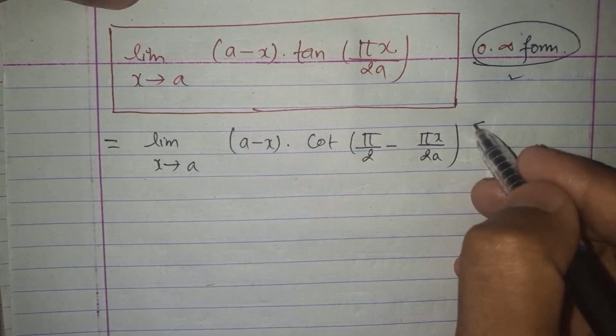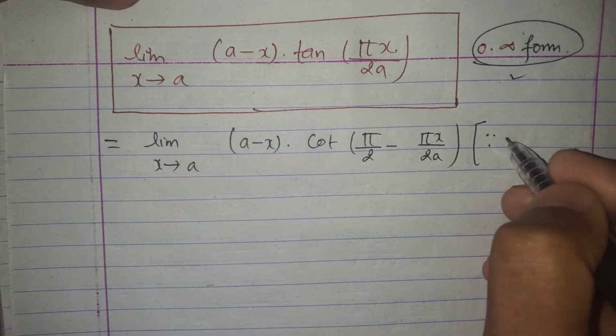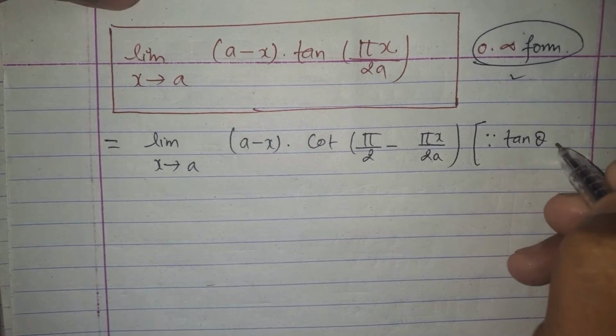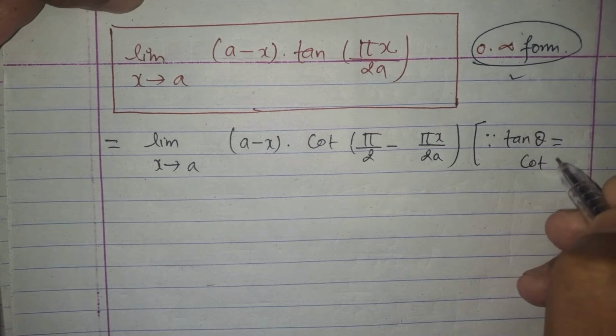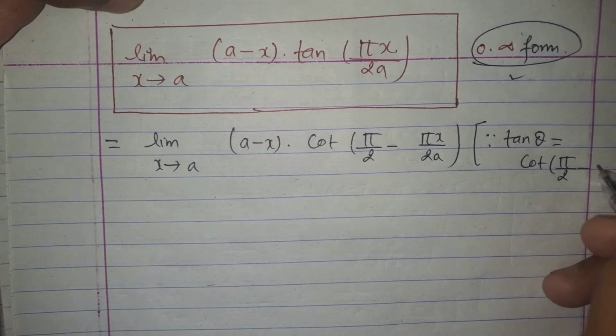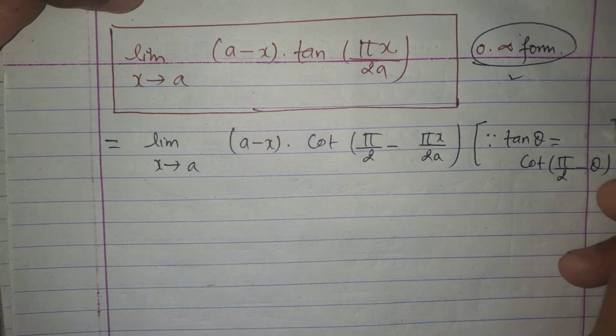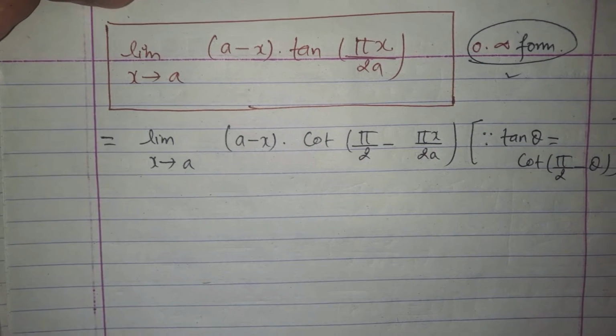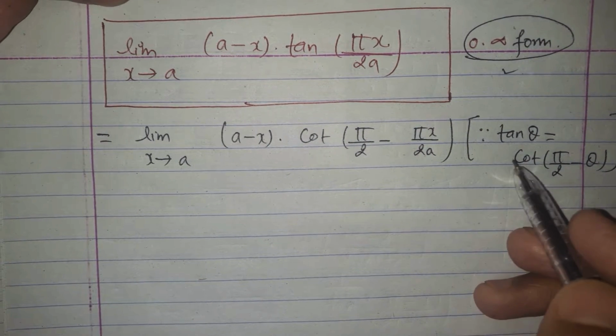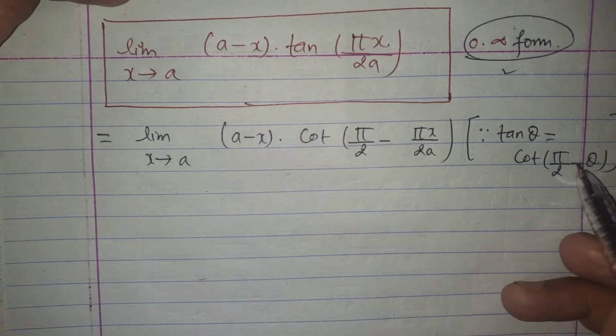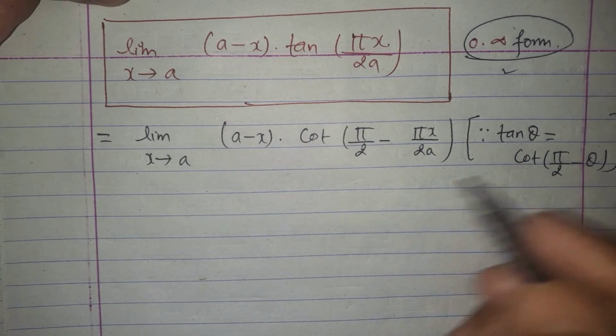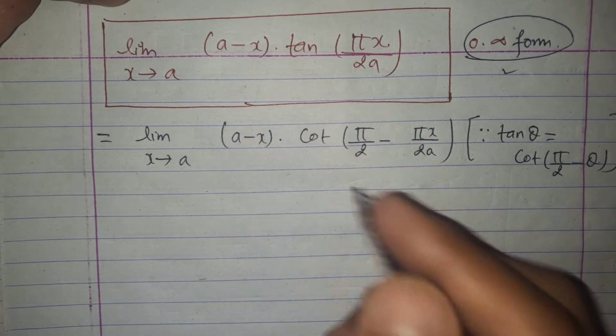Tan theta can be written as cot of pi over 2 minus theta. It is a very important trigonometric ratio for the complementary angles. Here we just apply this formula in this step.